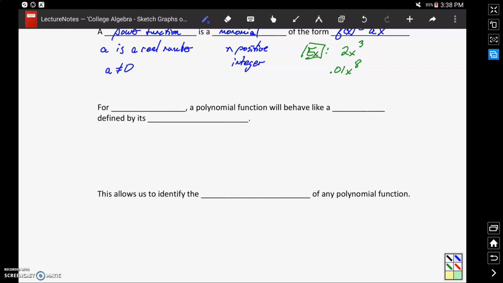For large values of x, whether we're considering large positive values or large negative values, a polynomial function will behave like a power function defined by its leading term.